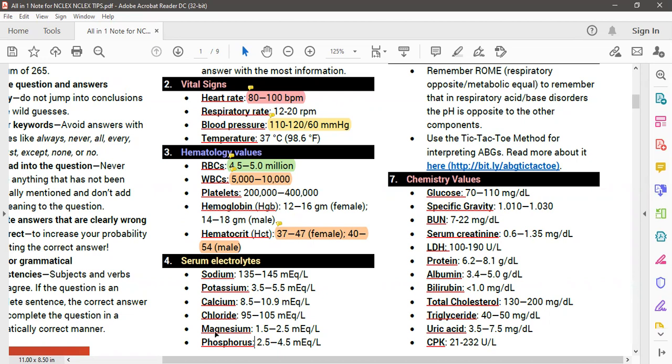Now let me talk about magnesium. Magnesium normal range is 1.5 to 2.5 milliequivalent per liter. Some books say it is 1.6 to 2.6. Again, I said both are okay.